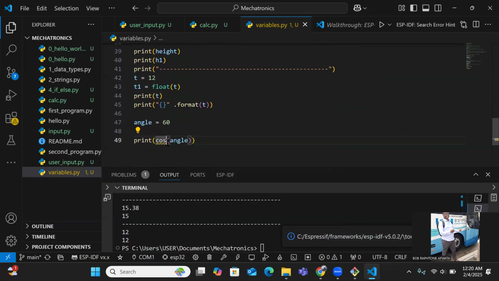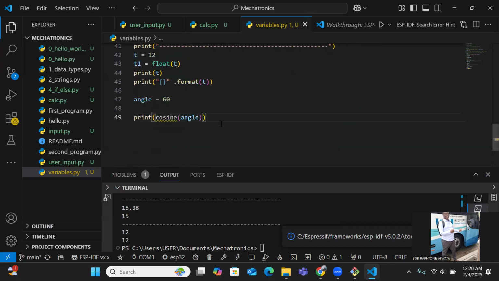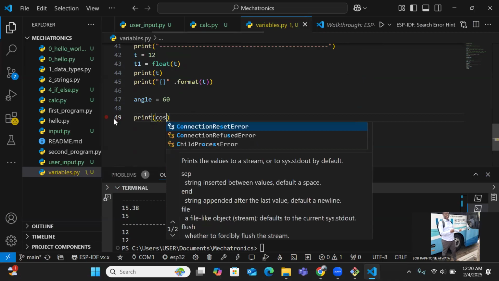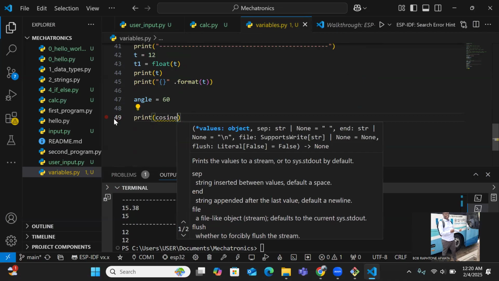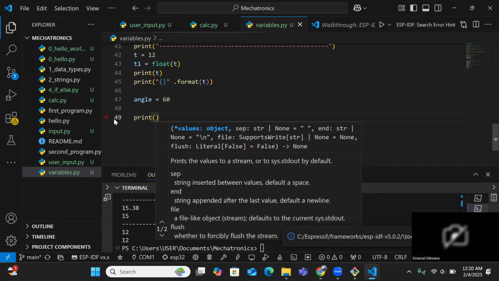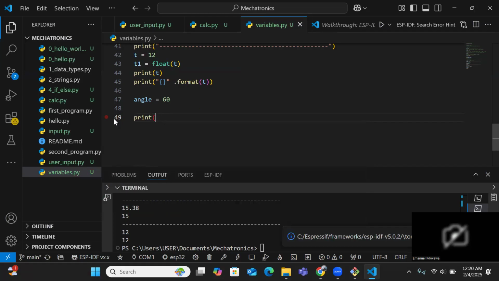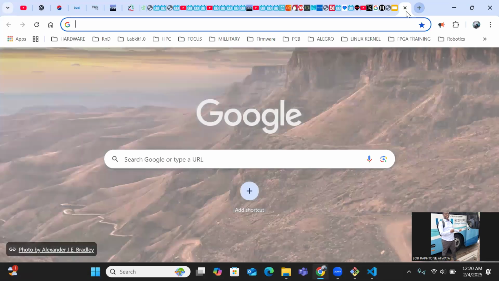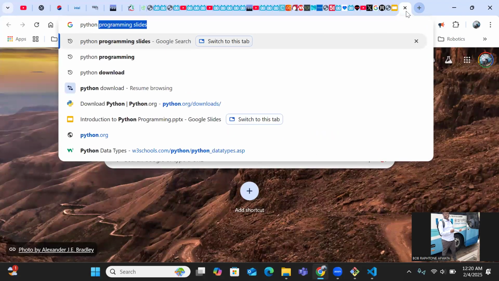Oh no, it's actually not cosine. Normally you say Python documentation.